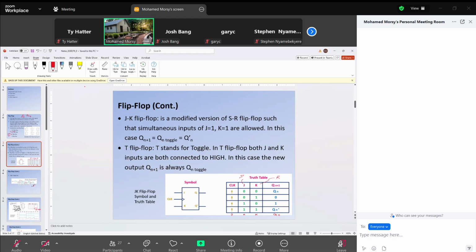The new status Qn plus 1 equals the previous status, which is Qn, meaning no change.